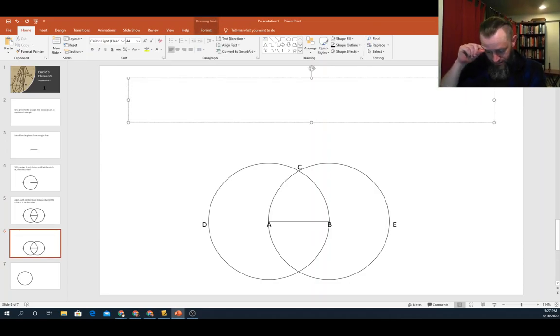Now, what is the next thing that Euclid wants us to do? He says, and from point C, in which the circles cut one another, to the points A and B, let the straight lines CA and CB be joined. So let's write that out.